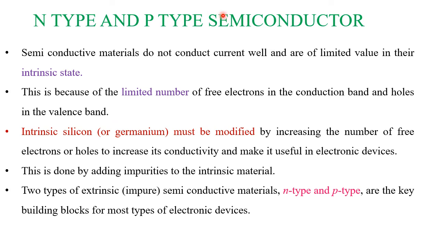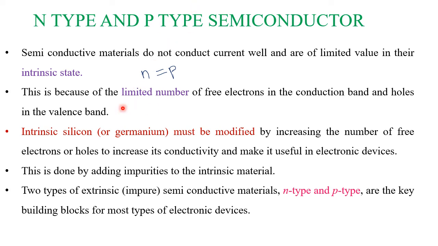Now, N-type and P-type semiconductors. We know that intrinsic semiconductor does not conduct current very well because of the limited number of free electrons. In an intrinsic semiconductor the number of electrons and the number of holes are equal, so it is very difficult to get free electrons or free holes.